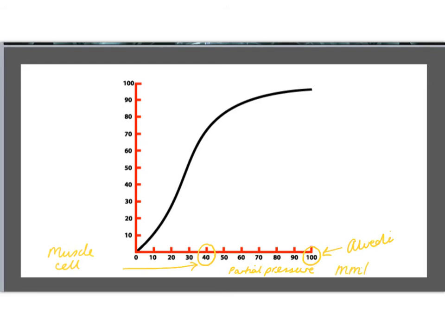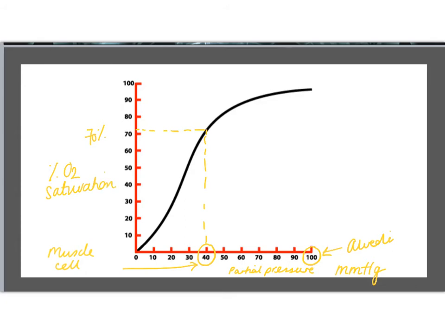So let's read the graph at 40 first of all, where we know we're at the muscle cells. We're looking at how saturated the red blood cells are when they're at the working muscles. Let's read up to the black line and then read across from the black line, and that will give us our percentage. You can see we're around 70% there.